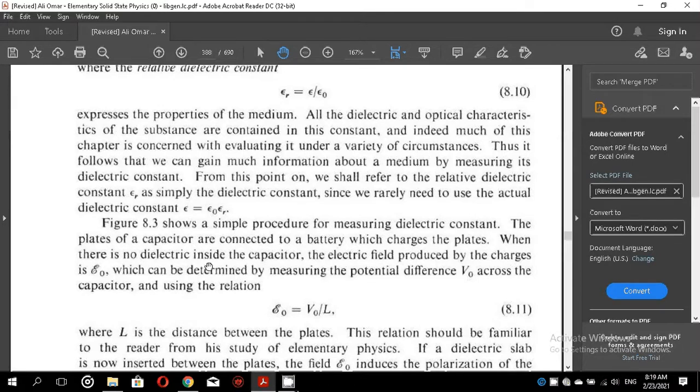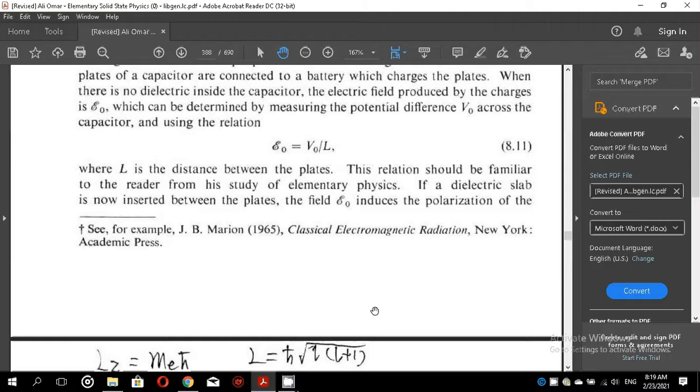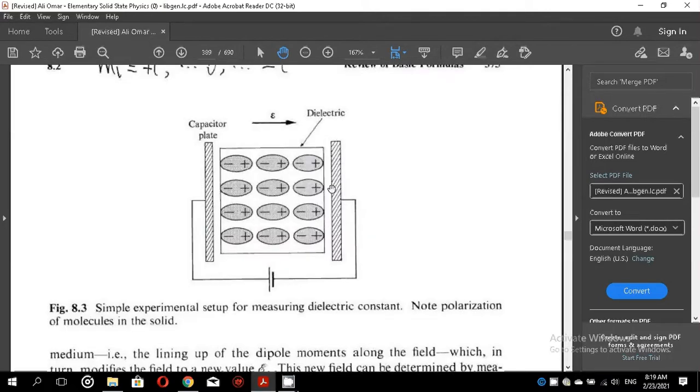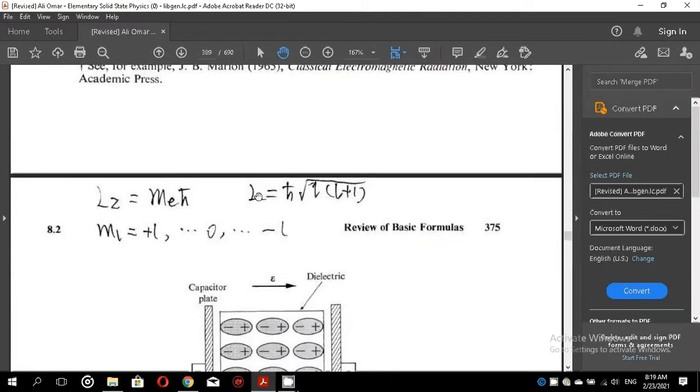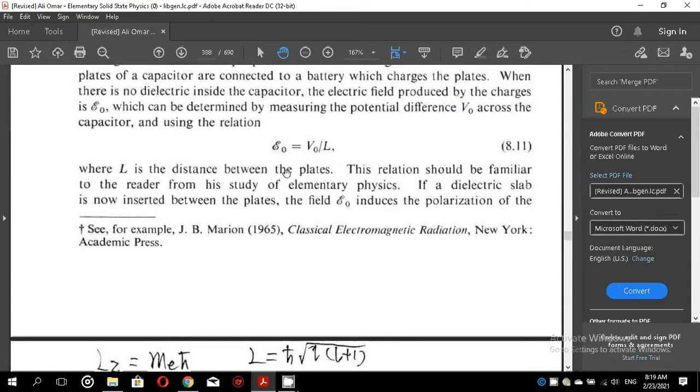When there is no dielectric inside the capacitor, the electric field produced by the charges is E naught, which can be determined by measuring the potential difference V naught across the capacitor and using this expression, equation 8.11, where L is the distance between these two plates. So these are the two plates and this dielectric medium is not there, and the equation we have mentioned here is the electric field given by V naught over L between these plates.